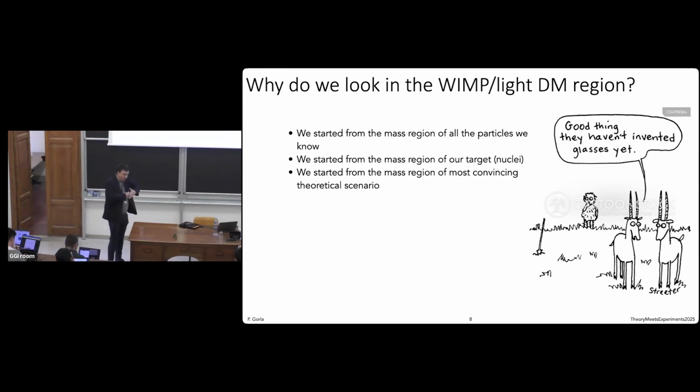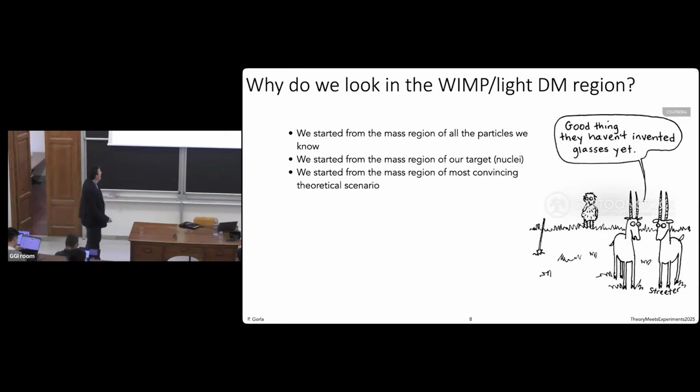We know now thousands of particles, and all of these span, let's say, if you start from neutrinos, from the electron volt scale to the TeV scale and slightly above. There is nothing that we know that goes to micro electron volt. There is nothing that we know that goes to the Planck mass or whatever.